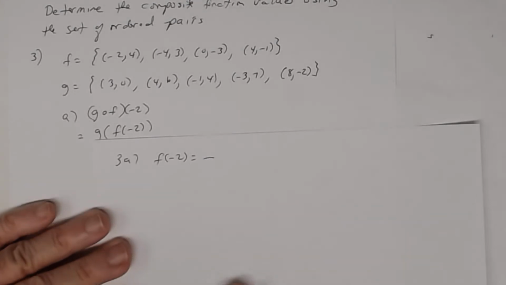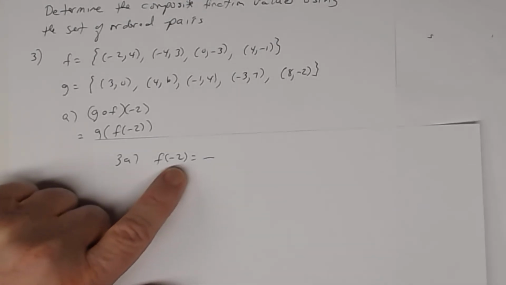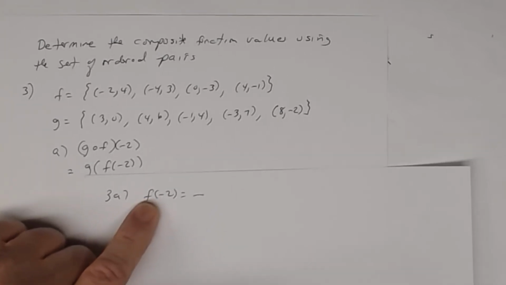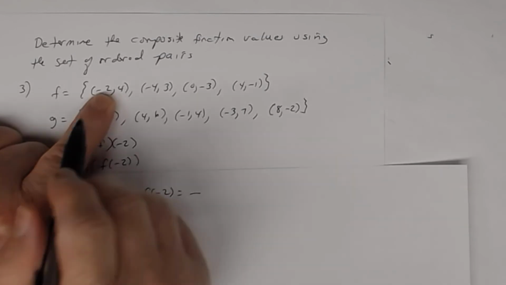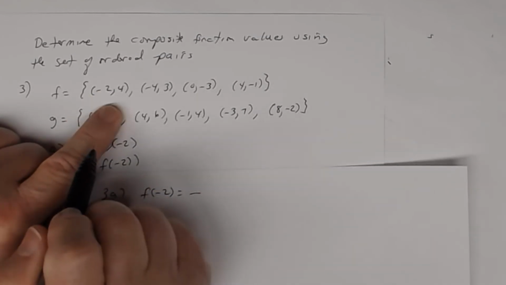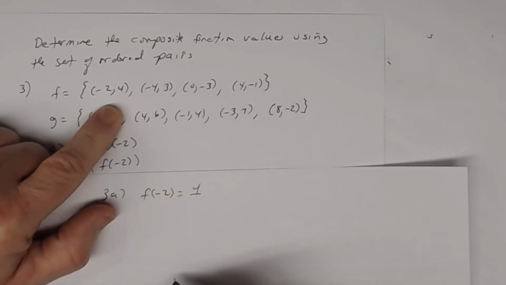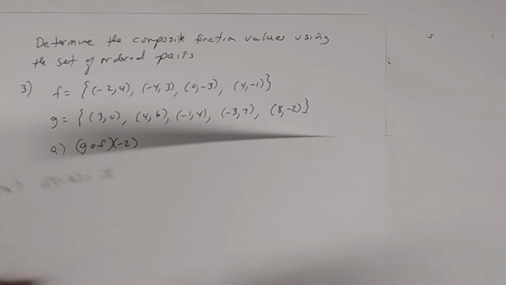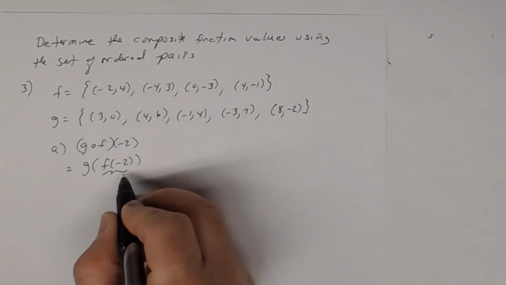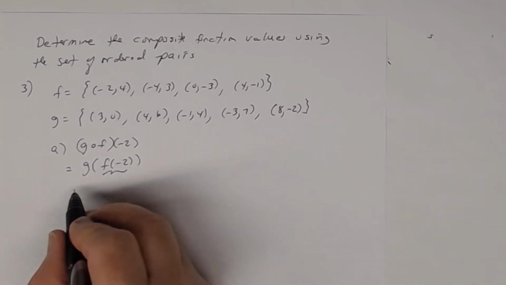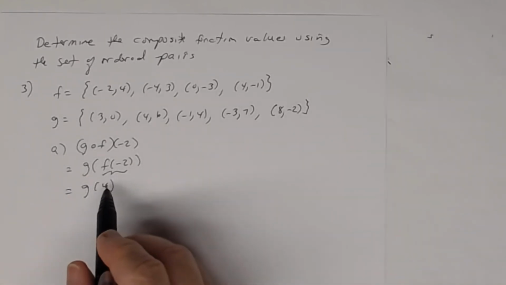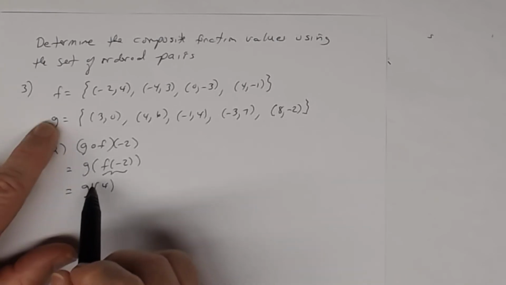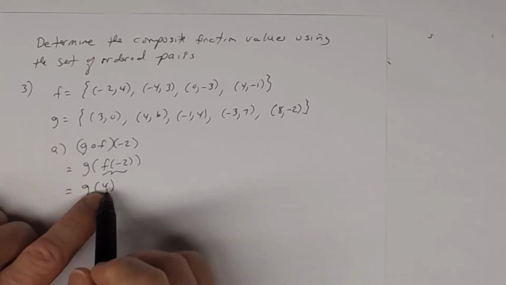So let's think about what that means. f of -2 means what's my y value when x is -2? But remember, I have to use my function f. So here's my function f. When x is -2, I see it right here, my y value is 4. So f of -2 is 4. That means this function value right here is 4. So now I have to find g of 4. g of 4 means I go to my function g, and when x is 4, what's my y value?